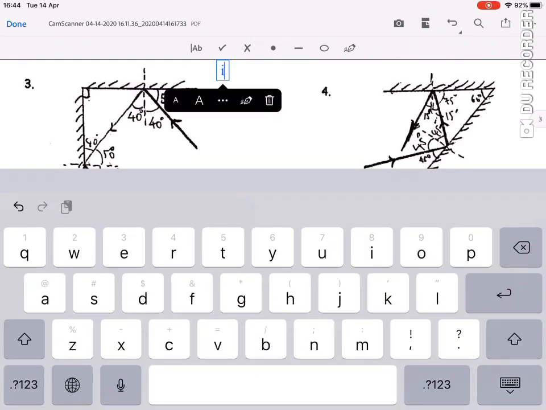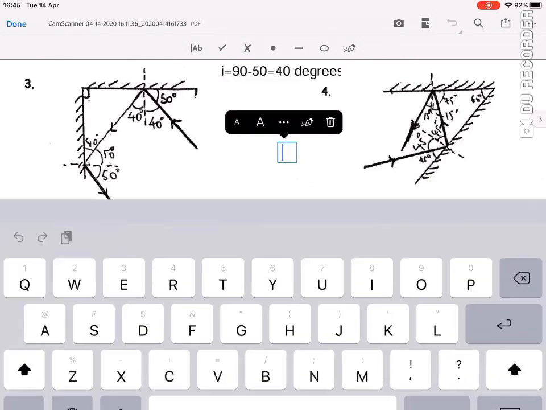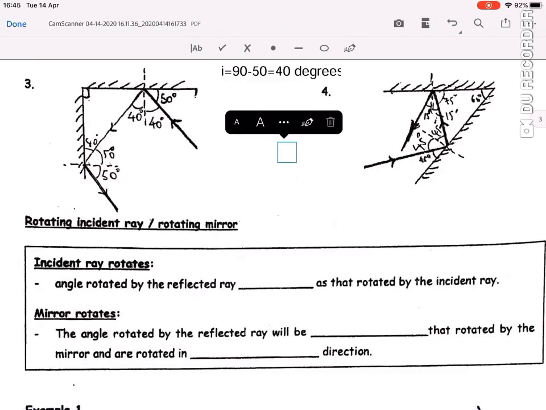The incident angle again equals 90 degrees minus 50, the one given in the question. That would equal 40 degrees.